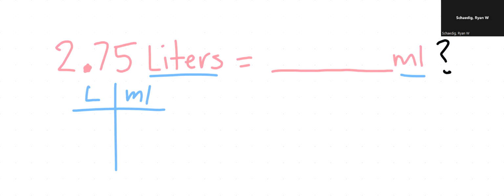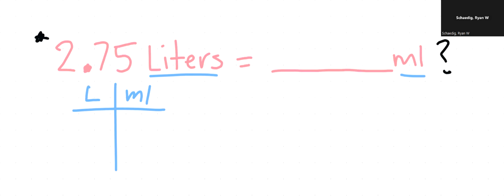Now I want to go back to the one to many. What I mean is that before I even think about the numbers in my problem, I want to have either a number one here or a number one here, meaning the conversion is either 1 liter is equal to many milliliters, or 1 milliliter is equal to many liters.